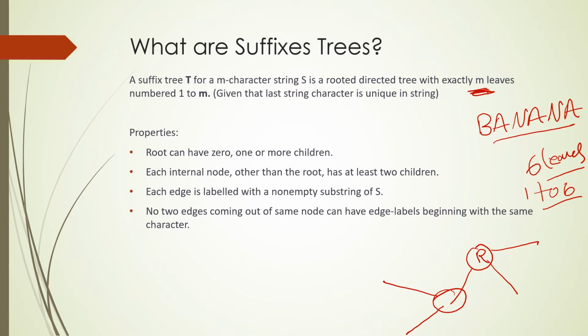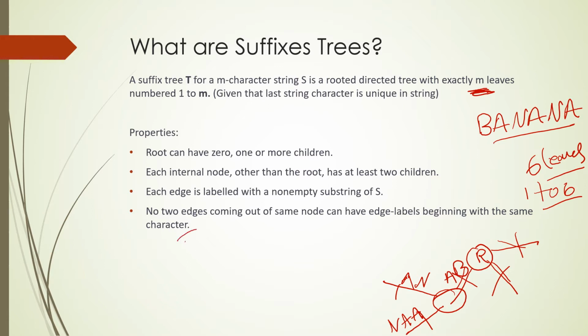Each edge is labeled with a non-empty substring of S, as in B, A, and A, and so on. No two edges coming out of the same node can have edge labels beginning with the same character.